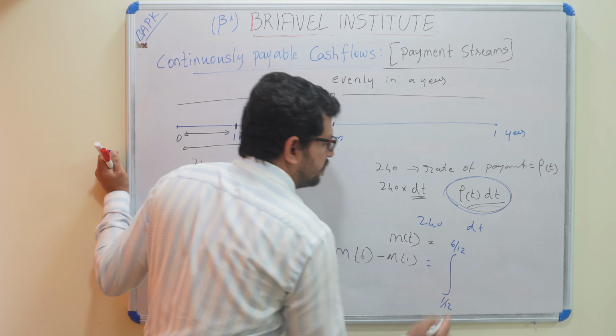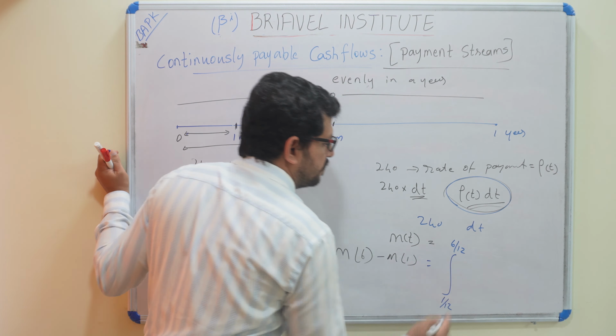Sometimes this rho(t) is a constant amount, and sometimes it will be given like 100 plus 25t. The rate of payment is 100 plus 25t, where t is in years. Then how do we find the total payment from 0 to 3 years?